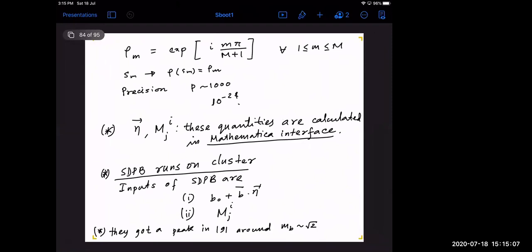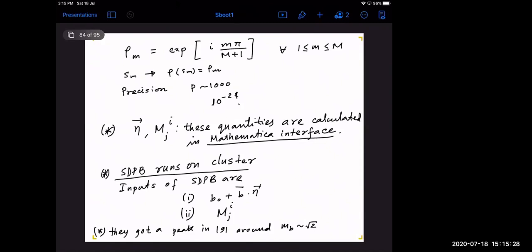So it can be interpreted in this fashion: if you allow for a pole formation with that kind of cubic coupling, then the strongest interaction will try to produce a bound state at M_B of about root 2 m mass.